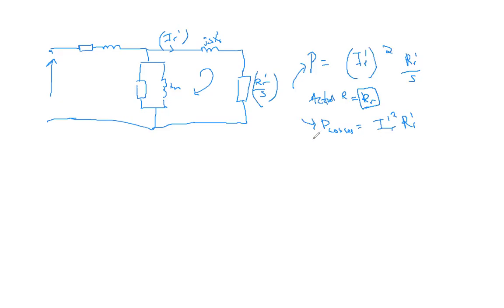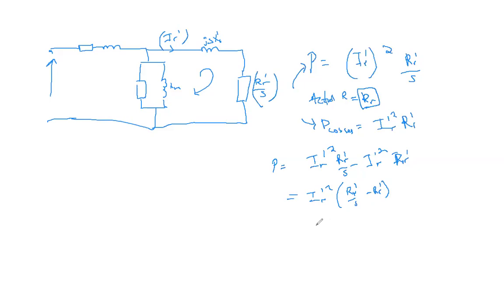So where does the rest of the power go? Let's calculate the rest of the power, then I'll define what it is. The rest of the power is going to be the power that is supplied to the rotor minus the power that is lost. Now here you can factor out IR squared, then you get RR prime over S minus RR prime.